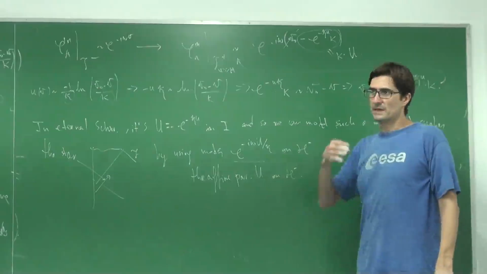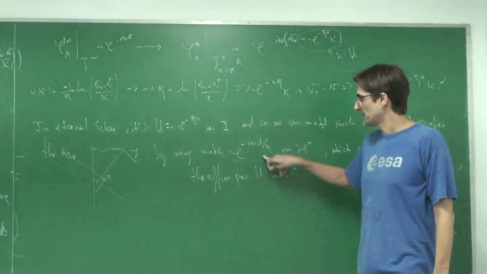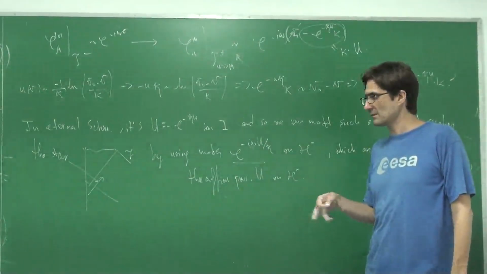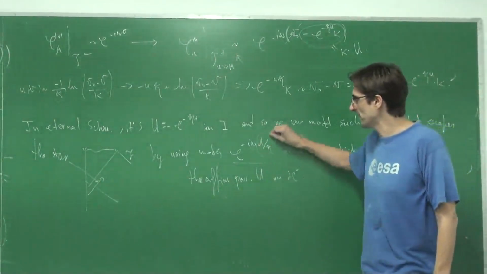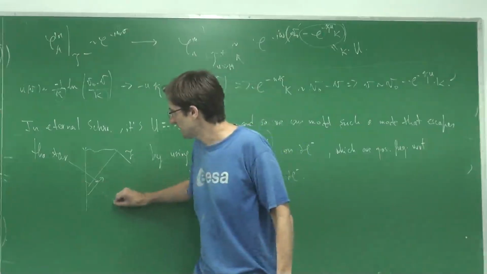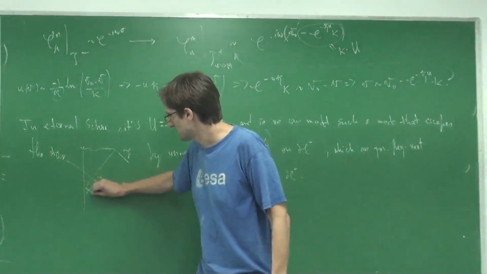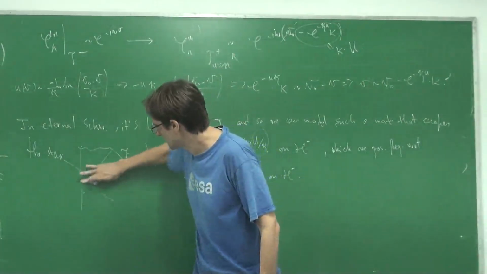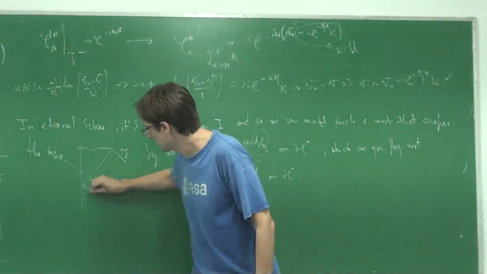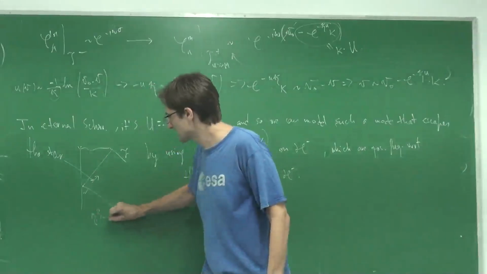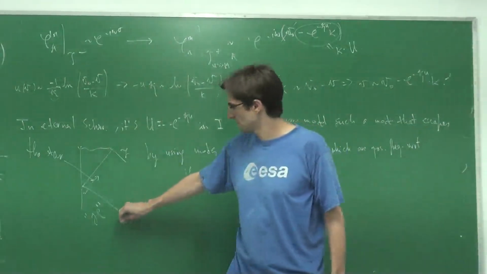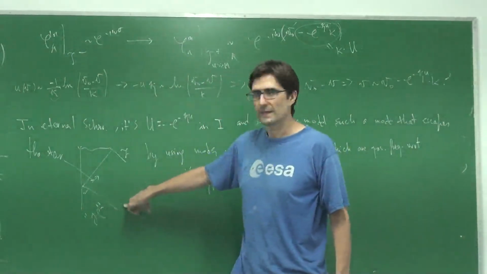these modes in eternal Schwarzschild spacetime have a relationship between the affine parameter on H minus, so H minus would be this in the dynamical case.